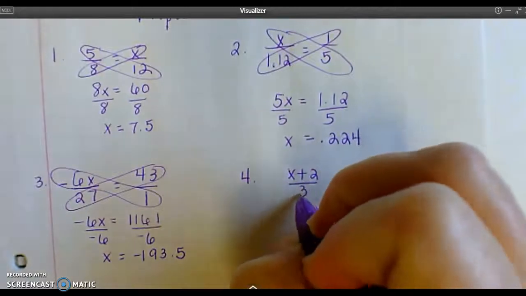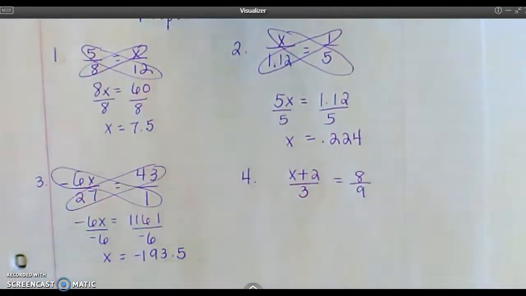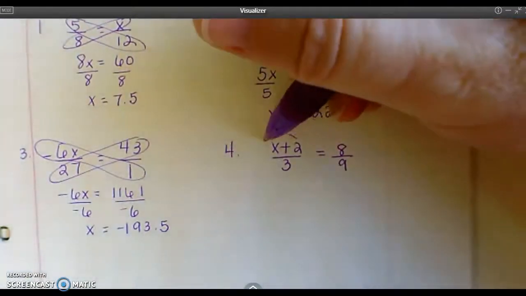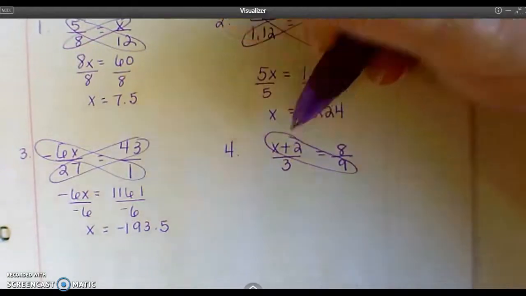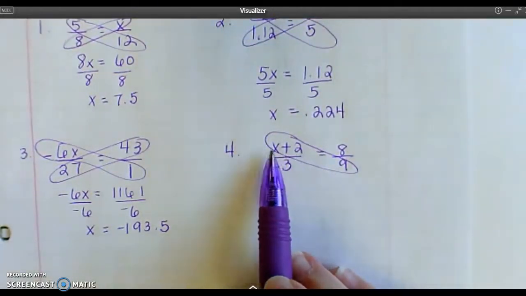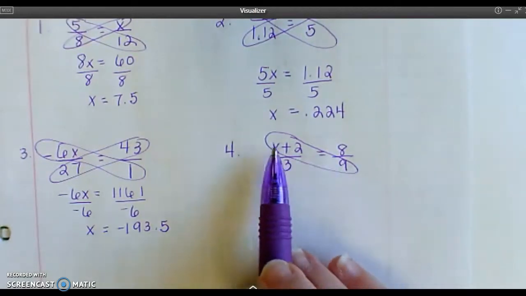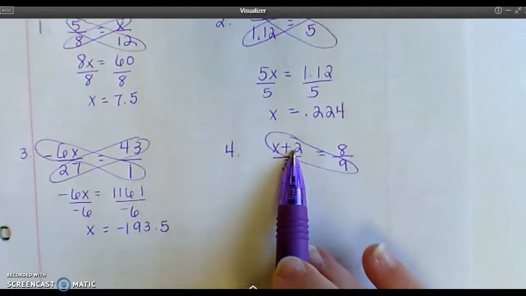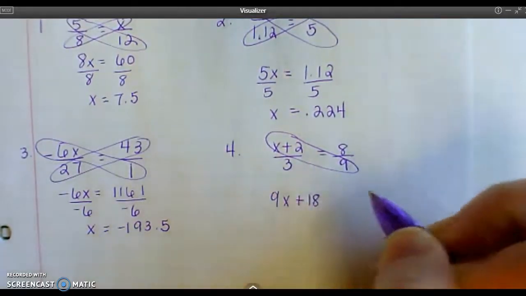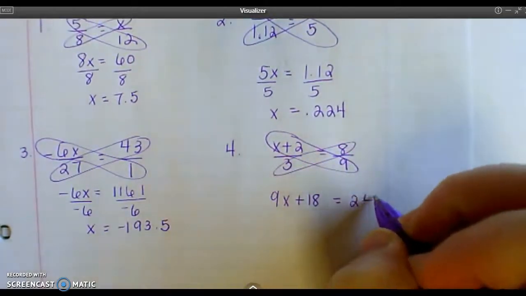Now, some of the problems that you'll see do look a little bit more complicated, but still the process is not very difficult. Okay, I'm going to multiply with where the x is first. So I'm going to take the 9 and multiply by both things. Instead of just taking 9 and multiplying by x, I have to take 9 times x and 9 times 2. So we would get 9x plus 18 equals, and then cross multiply this way, so you get 24.